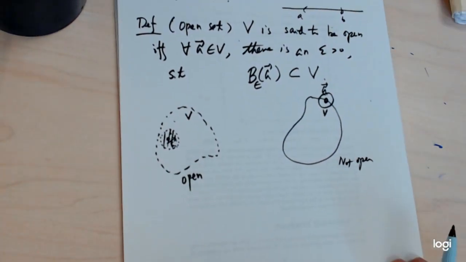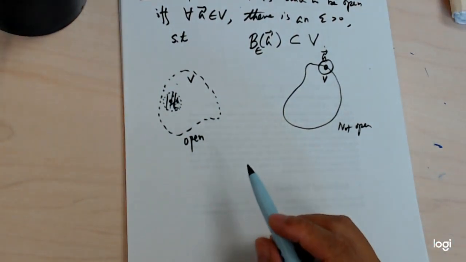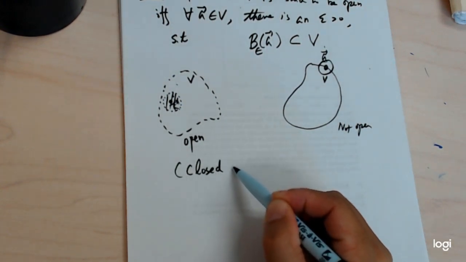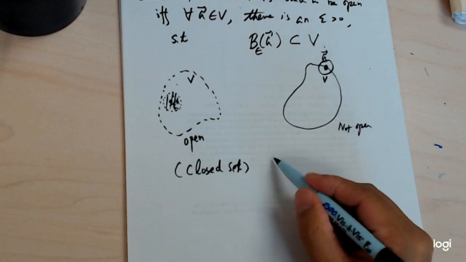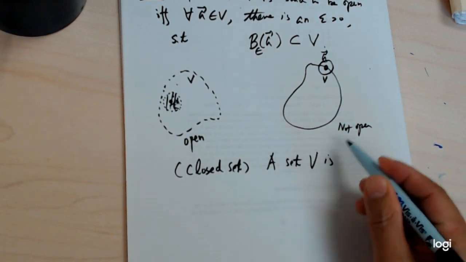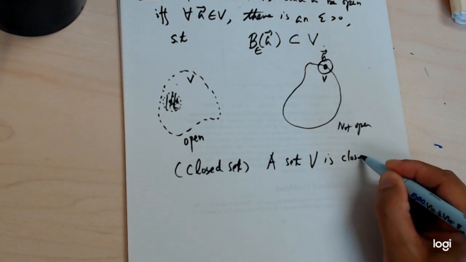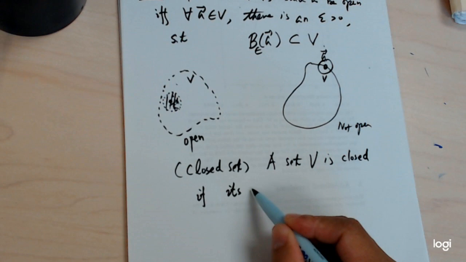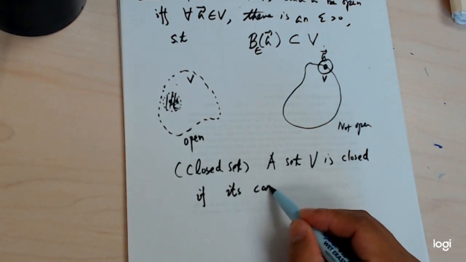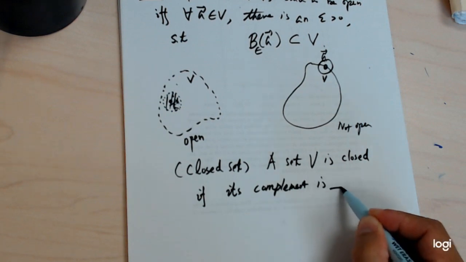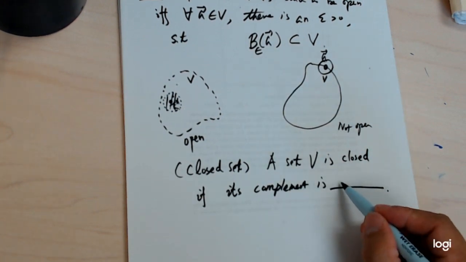Closed set. So we define a closed set using the complement. V is closed if its complement is, that's right, open.